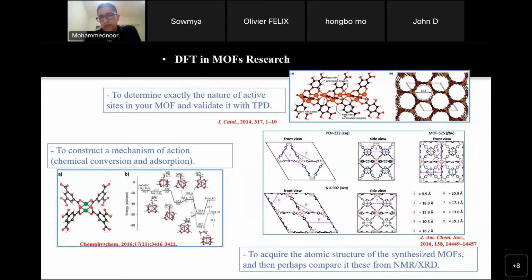This is what is called the potential energy surface. It describes how the reaction occurs from A to Z, and such information we cannot obtain experimentally. That's why students are trained to calculate the activation energy, the reaction energy, and to draw the map. This is like a roadmap for the entire reaction, and this could only be obtained by DFT.